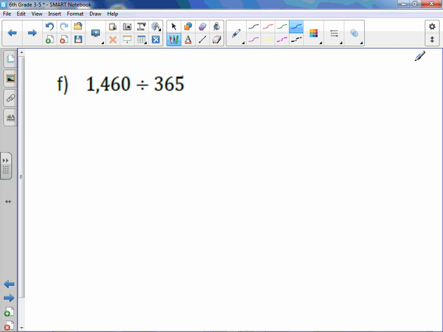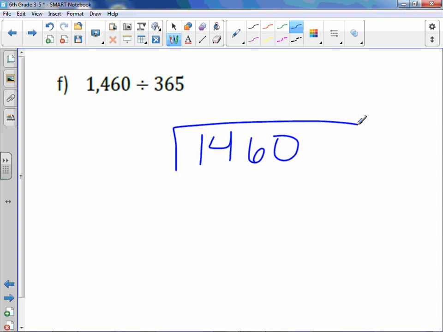Letter F, 1,460 divided by 365. 1,460 goes in the box. Well, it looks like we have to go right. We can't go into 1, can't go into 14, can't go into 146. So let's take a guess. 365, maybe 4 or 5 times.